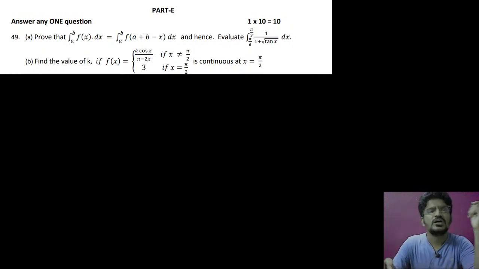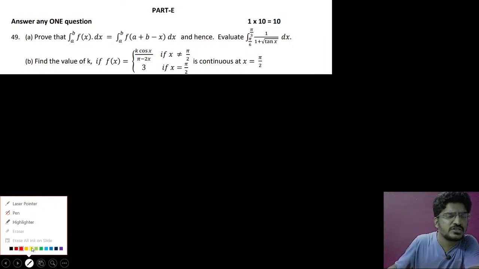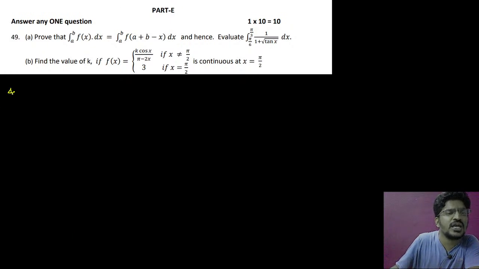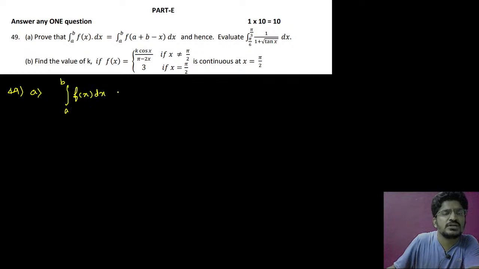Now we are moving towards our part E, that is question number 49. First we shall solve question 49, part A. Prove that integration from a to b of f of x dx is equal to integration from a to b of f of a plus b minus x with respect to dx.